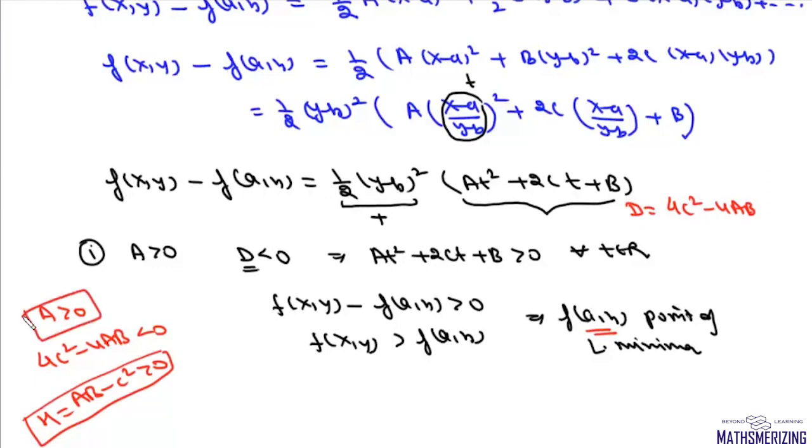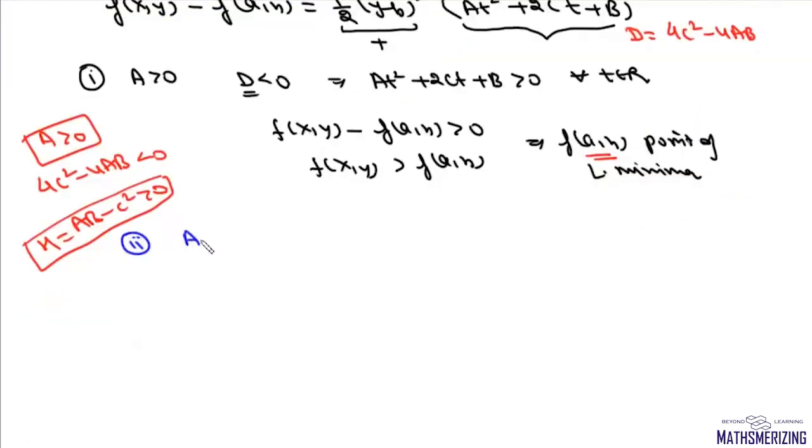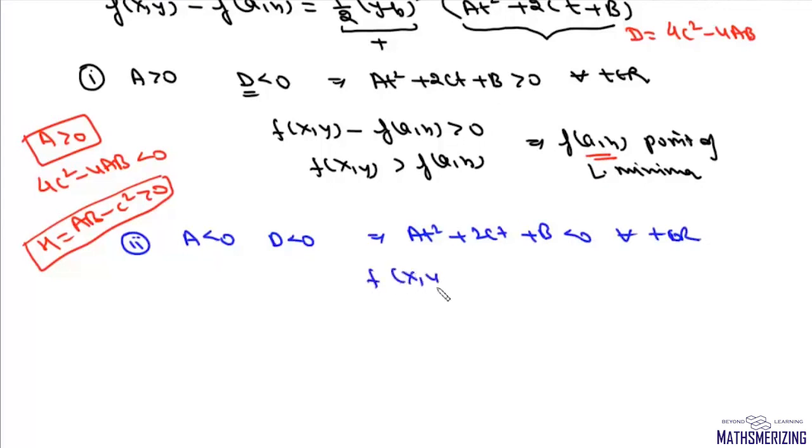Now if a is less than 0 and d is less than 0, then this quadratic expression a t square plus 2c t plus b is less than 0 for all t belongs to R. So it simply means that f(x, y) minus f(a, b) will always be less than 0.